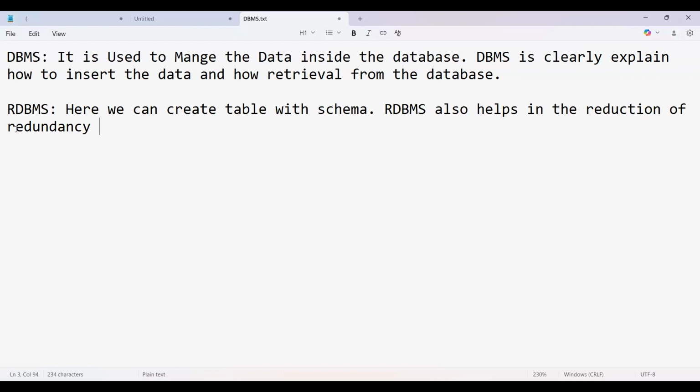It is not allowed to enter the duplicate data. Okay, redundancy, and the preservation of database.